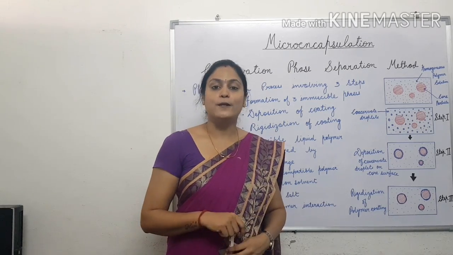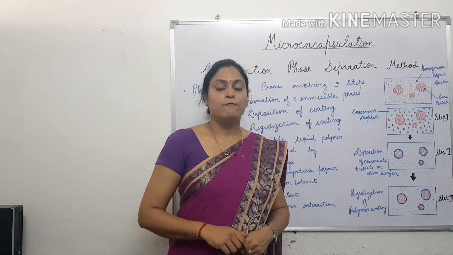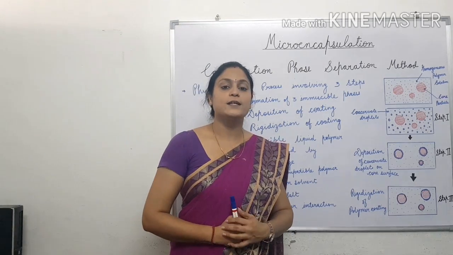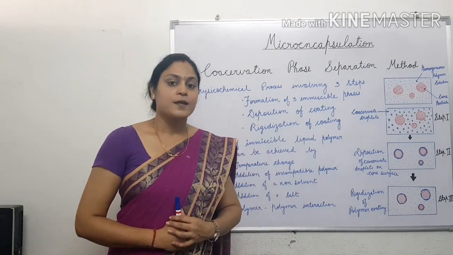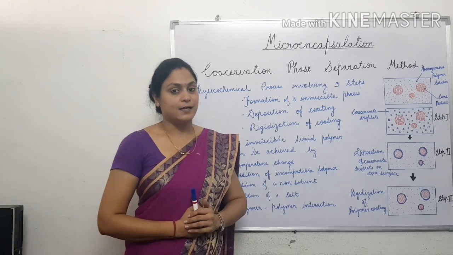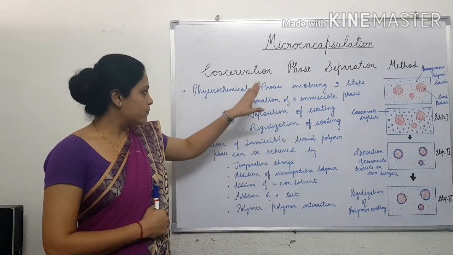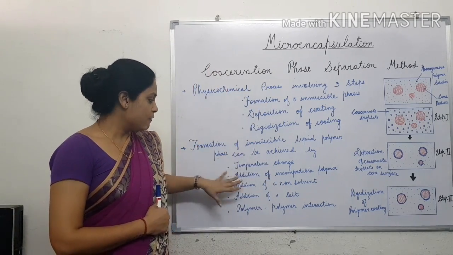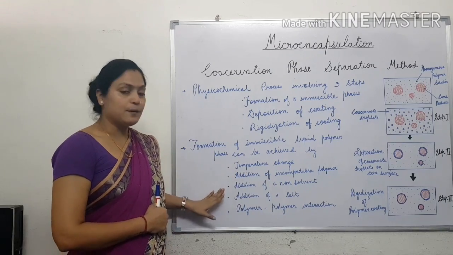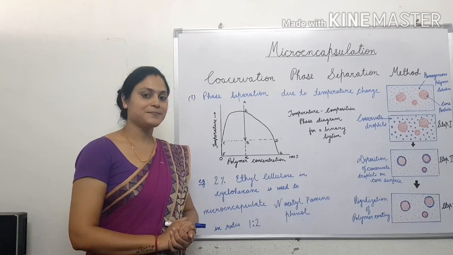This results in the formation of microcapsules with a proper smooth coating over the core particle. Now students, let's discuss the phase separation coacervation technique with the help of these principles one by one.